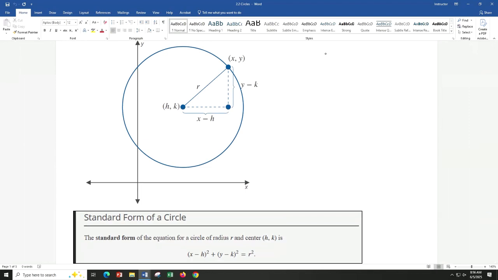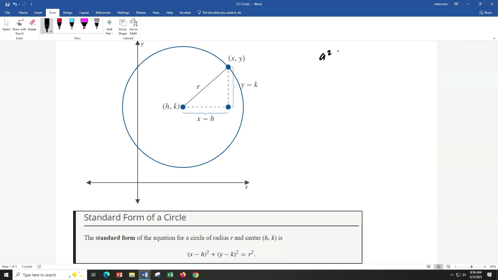Looking at it this way, I've got a squared plus b squared is equal to c squared. But we need to define some things. Remember, we have an a, a b, and a c again. My a is going to equal x minus h. My b is going to equal y minus k.